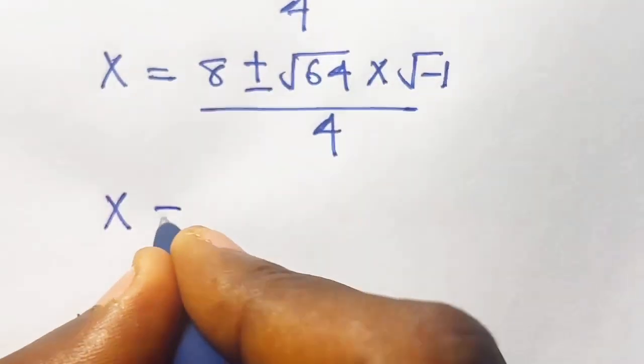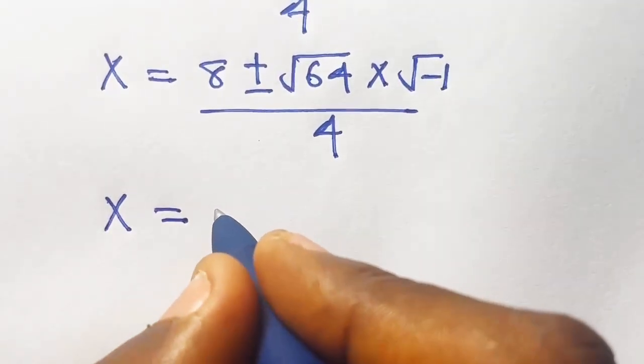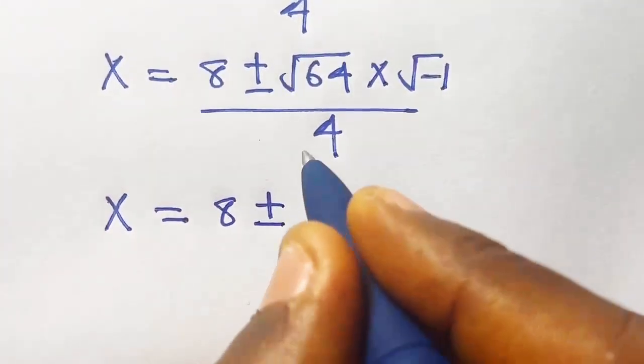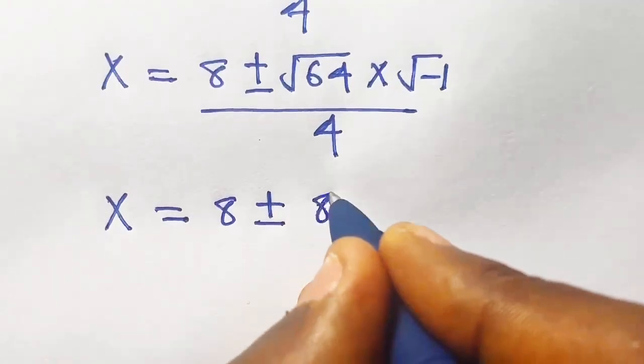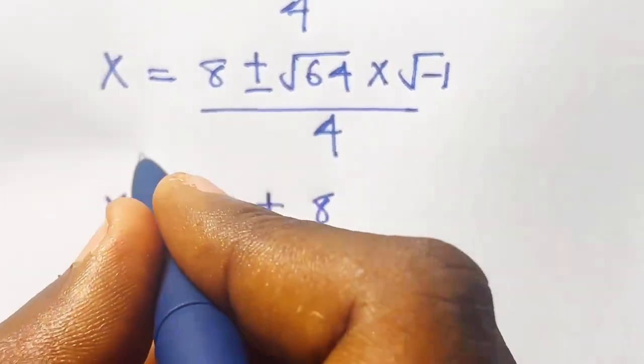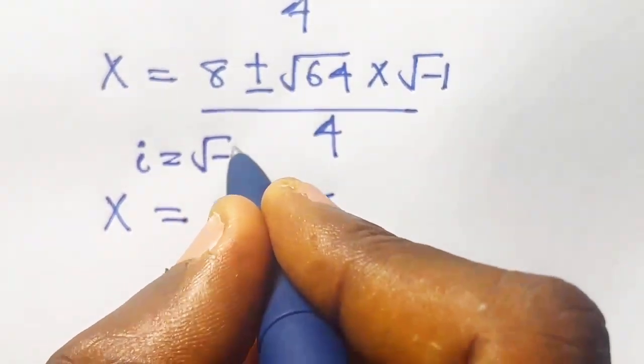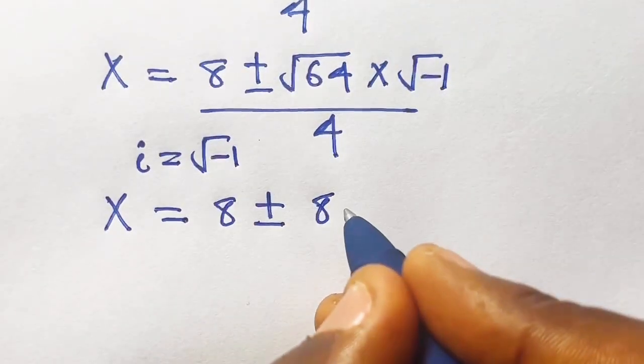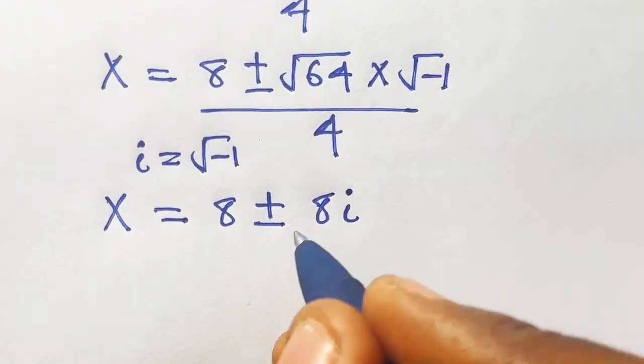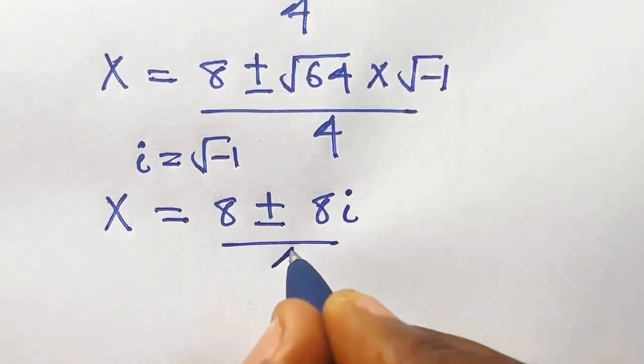Square root of 64 is 8. Also, let's remember that i equals the square root of −1. So here we can have i, divided by 4.